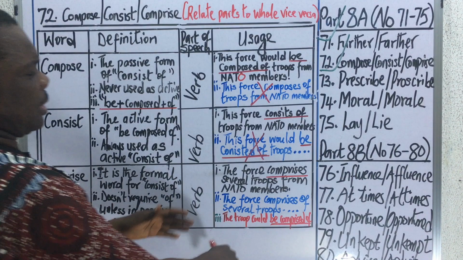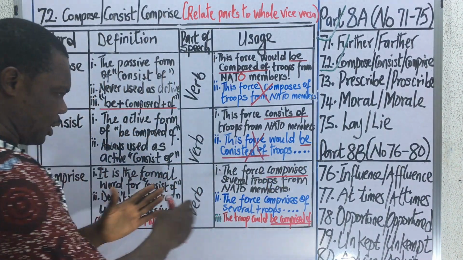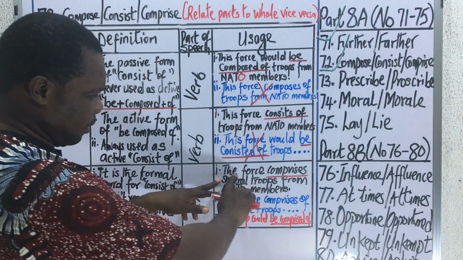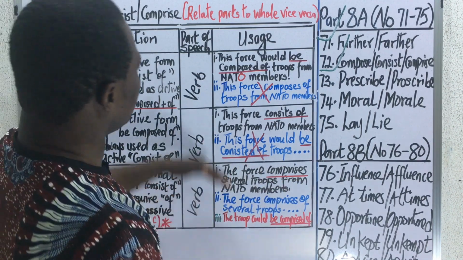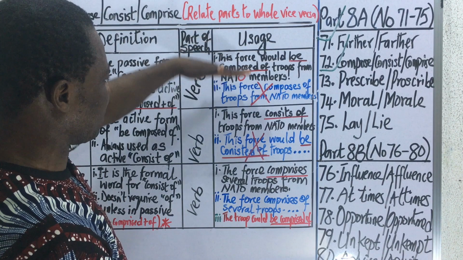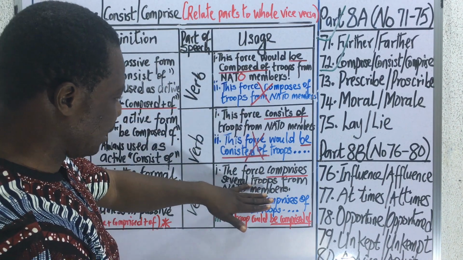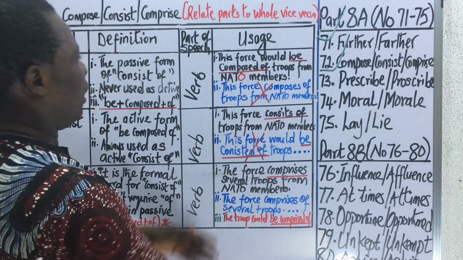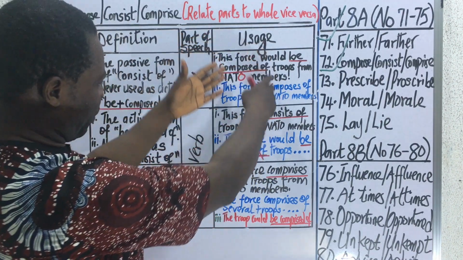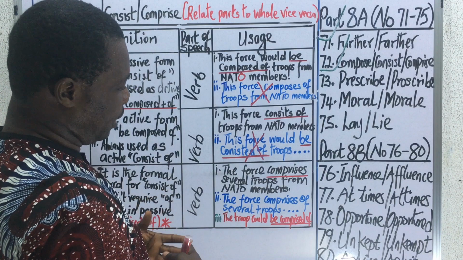Now let's look at examples of how to use comprise in expressions. The first one says, the force comprises several troops from NATO members. Take note that the expressions that are in black ink are the correct expressions. Let's go through the three expressions and compare them very quickly.